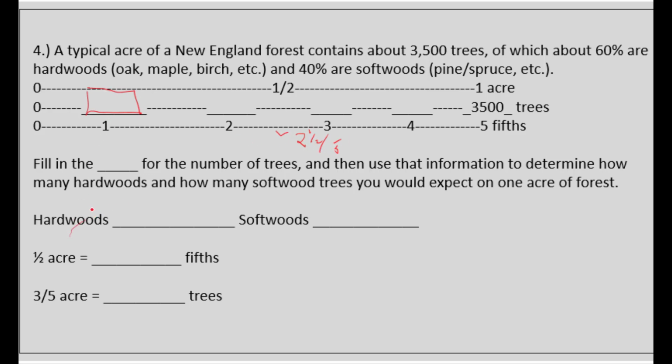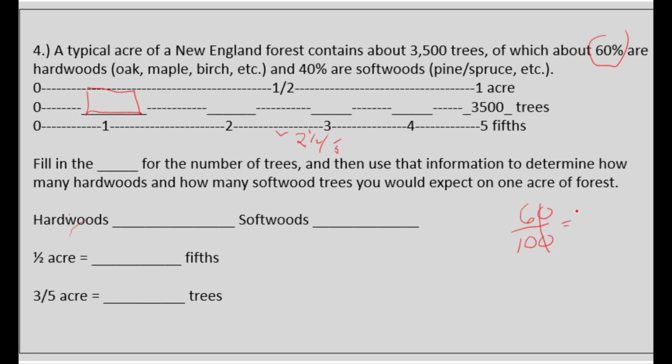So as far as how many hardwoods you have, the hardwoods are 60%. So we need to look at 60%. All percentages, 60% means 60 over 100. Now let's reduce that fraction, which we haven't gotten to, but those cancel, right?